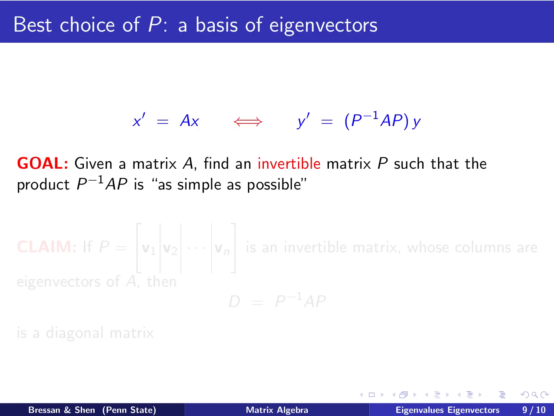Okay, so among all possible bases we could use to rewrite our linear transformation, what will be the best choice?